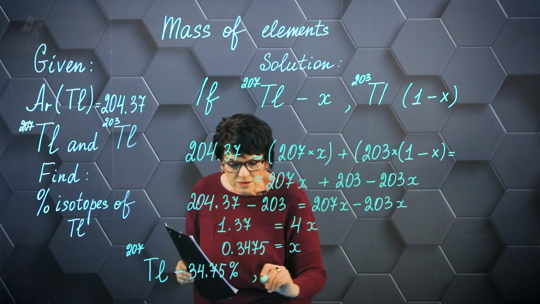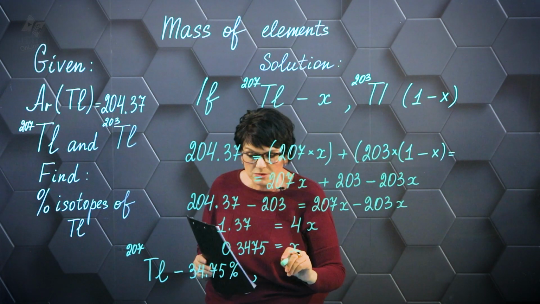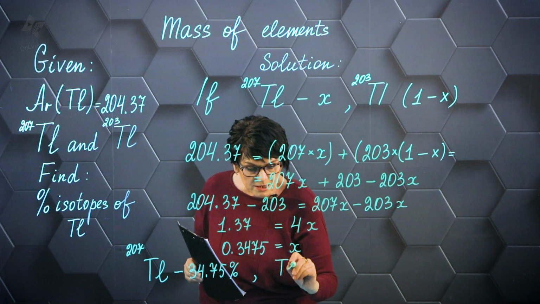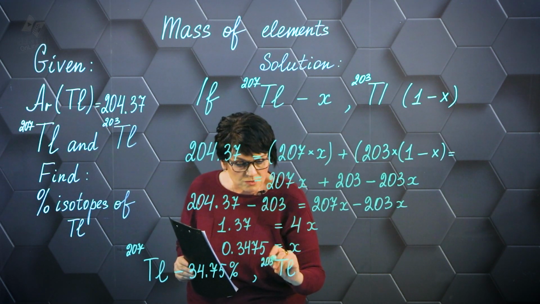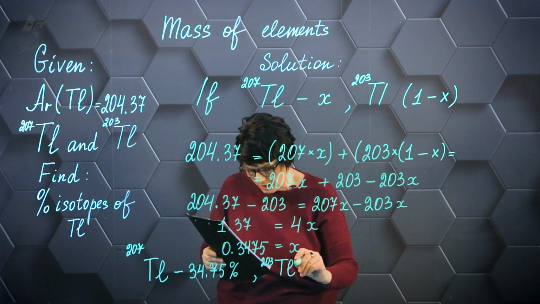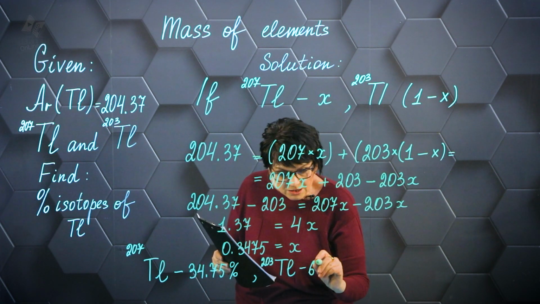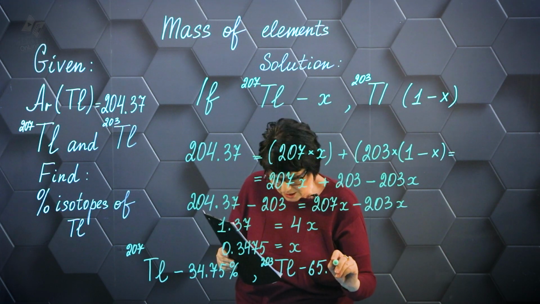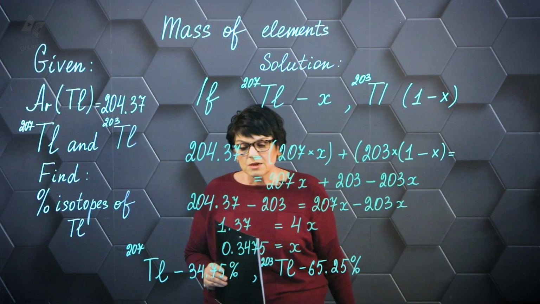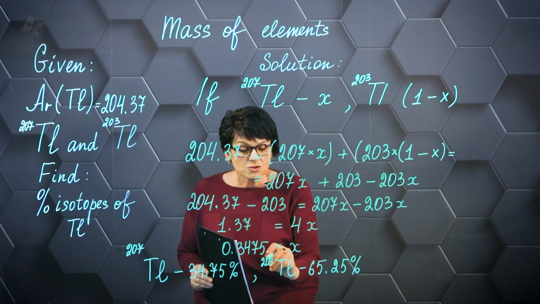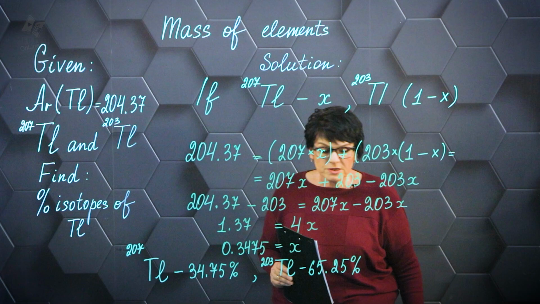And then the second isotope, to calculate it, we subtract X from 1. And then the thallium with a mass of 203 would have a value equal to 65.25%. Then we could say that thallium 203 is more abundant in nature than isotope thallium 207.